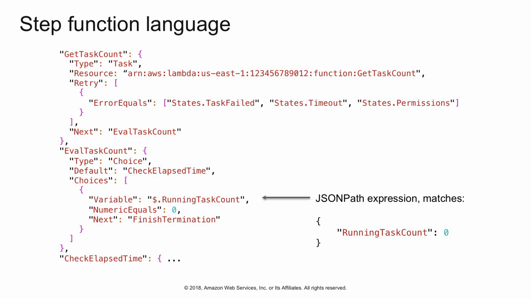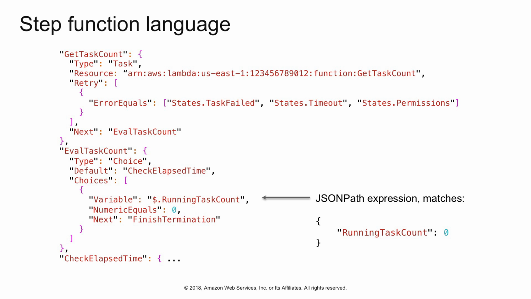So eval task count has a type of choice, so that's a branch. And then there's a default choice if none of the choices in the list matches. So the default node is called check elapsed time. And then the choice is we are trying to match whether a variable called running task count is equal to 0, and if that is true, then jump to the finished termination task.